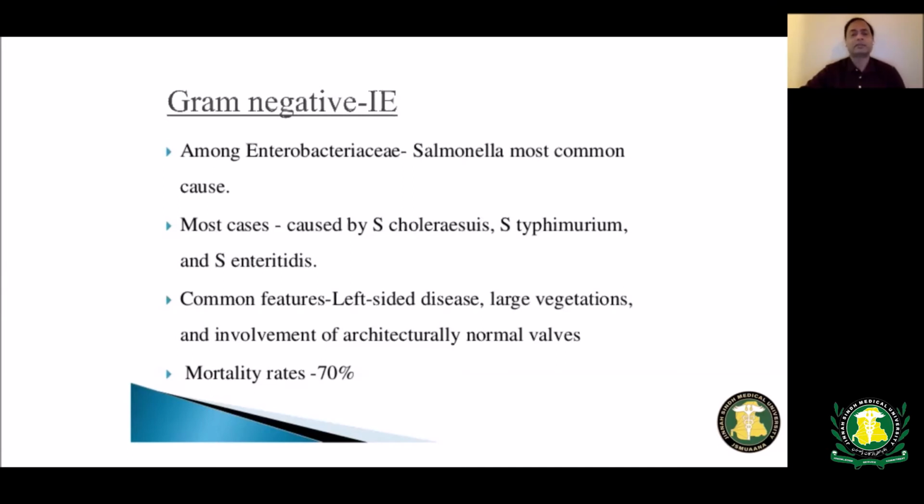The answer is colon cancer. Salmonella is also one of the common causes, but usually E. coli due to UTI or Streptococcus bovis due to colon cancer can cause infective endocarditis.